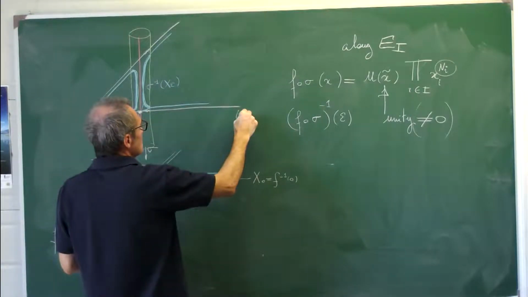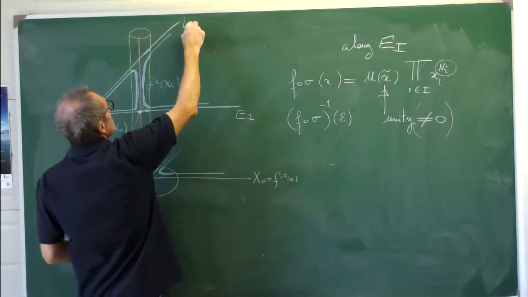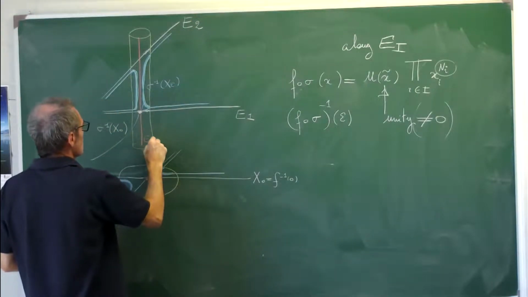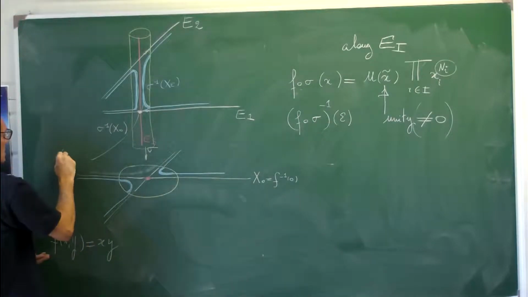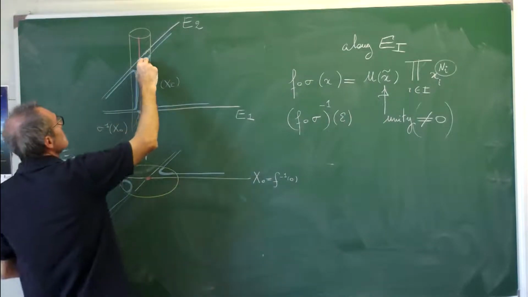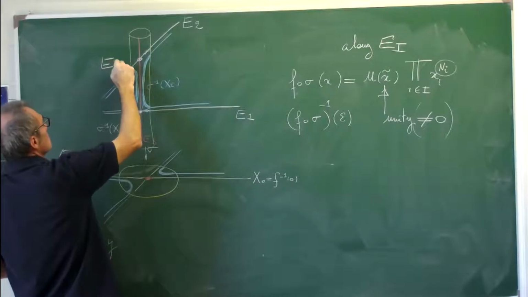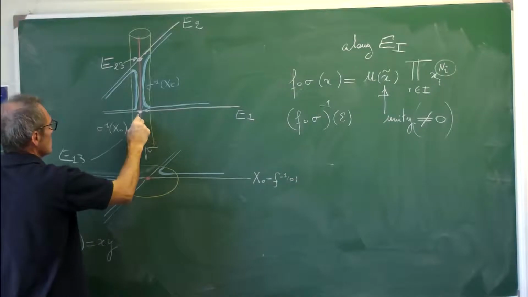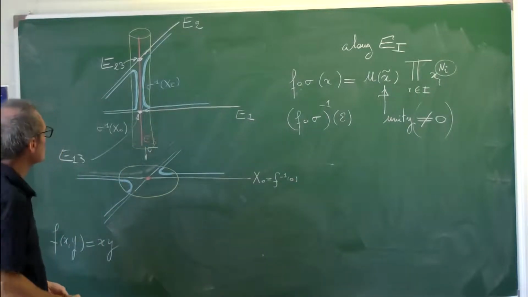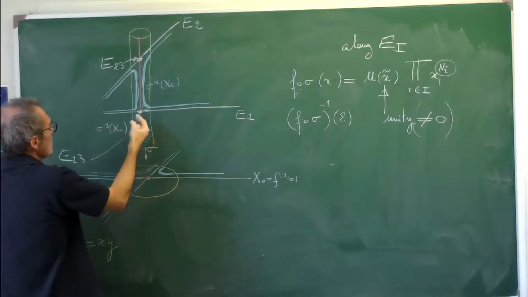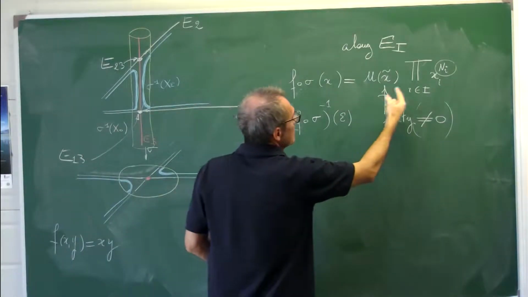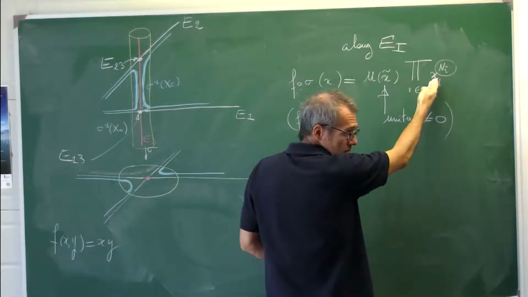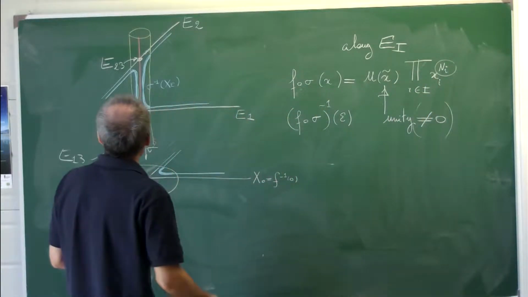If this guy is E1, this guy is E2, and the red one is E3, the point is E1 free and this point is E2 free, with the notation I introduced. So above this point, f is given by powers.